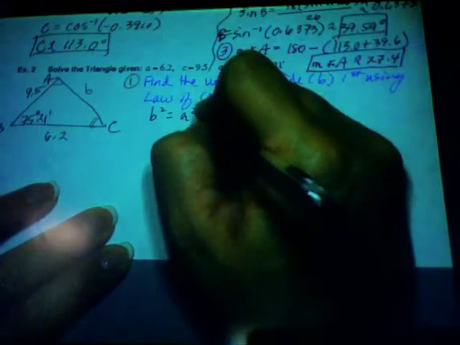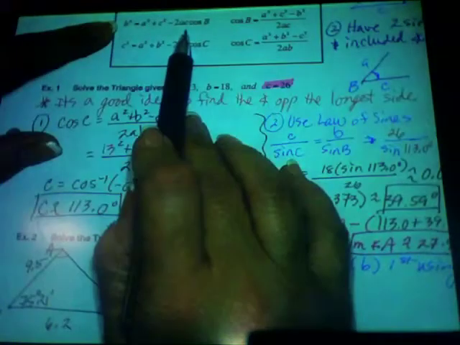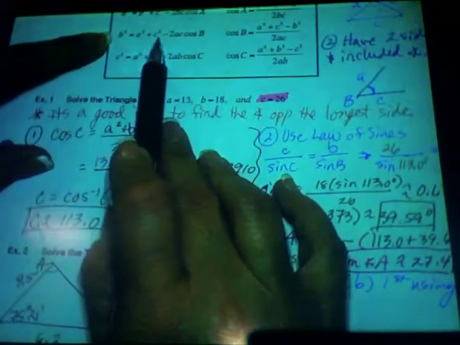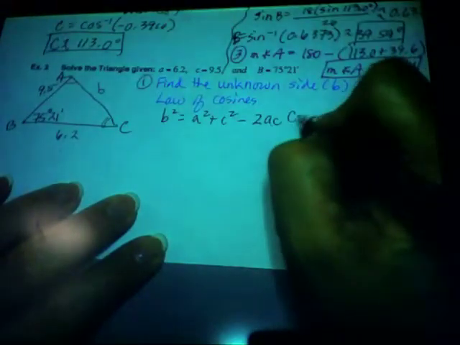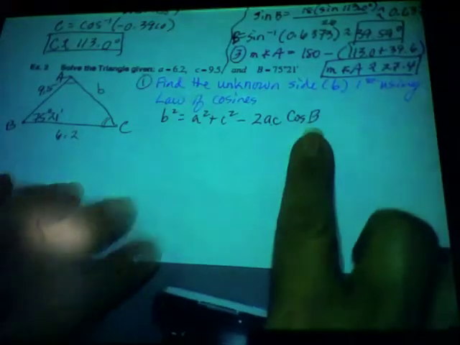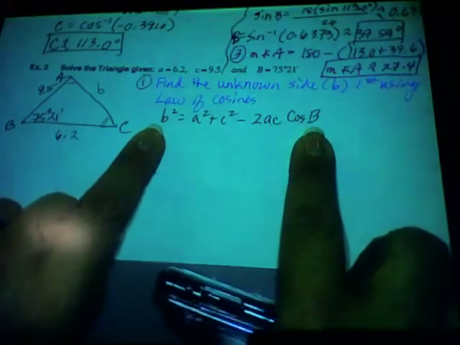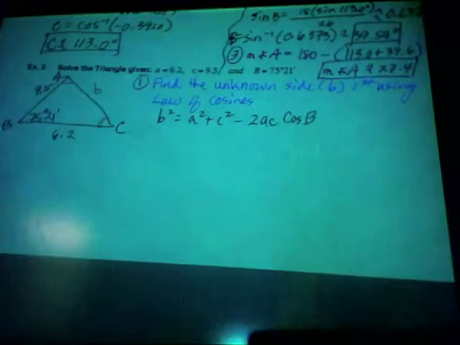So I choose to use, since I'm finding b squared equals the other two sides, a squared and c squared, come next. And there's always subtraction there, so 2. And if you notice here, the same things I'm using here, I'm using here. So I've got AC, and then that's times the cosine. And this is always the same as the side that I'm trying to find. So plug in what you know.